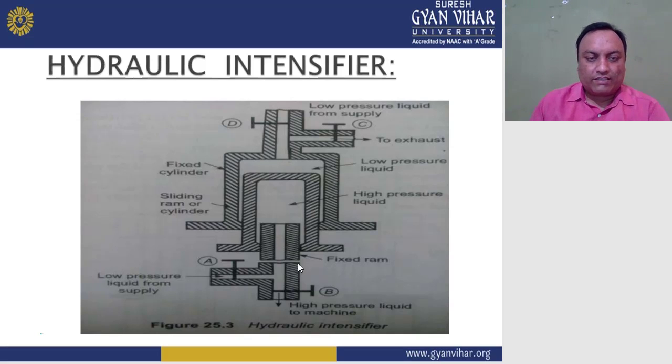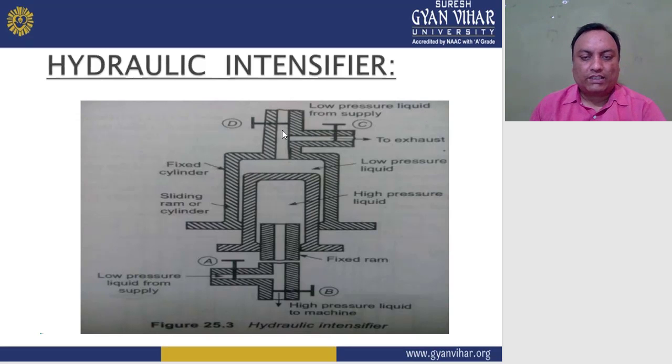Here is the low pressure liquid from supply, and it gives a high pressure liquid to the machine, right? This is the fixed ram. Here is the sliding ram of the cylinder, and this is one more low pressure liquid inlet, and here are two exhausts, and this is the low pressure liquid from supply.